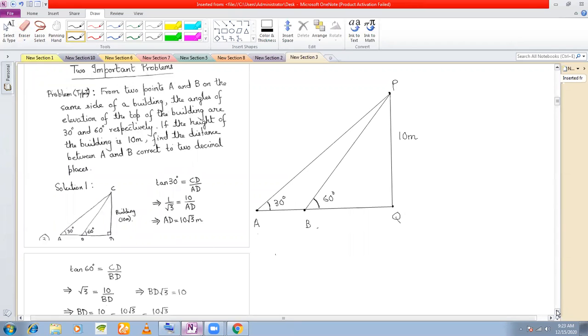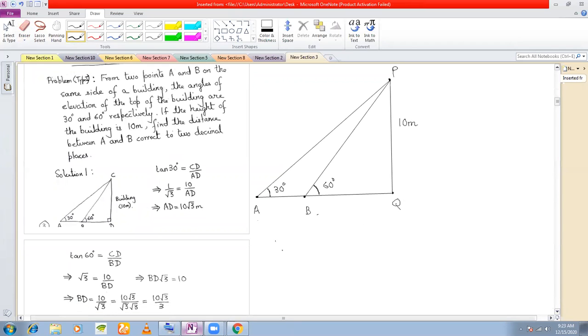So first of all, tan 30, because we know the perpendicular. Look at the bigger right angle triangle here. You can see two right angle triangles. First is this right angle triangle. This right angle triangle that you see will help us in calculating this distance.